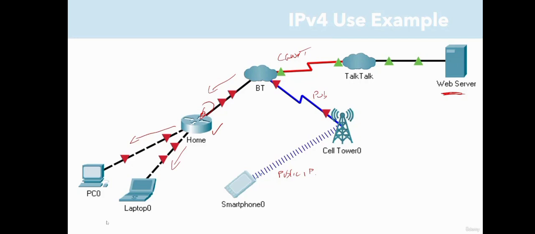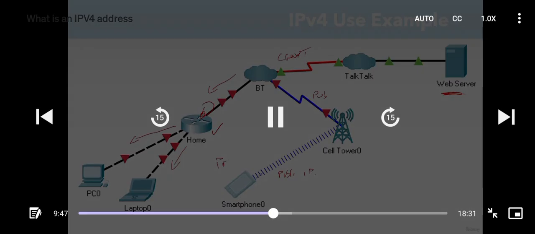However, when you get home and you want to use your smartphone, and you turn on your home Wi-Fi, that public IP is no longer used. It's now using your private IP internally, and then it's going to be routed off via the internet this way.